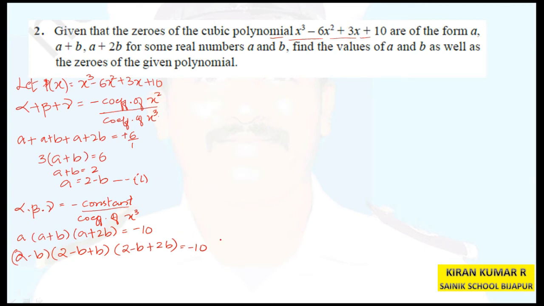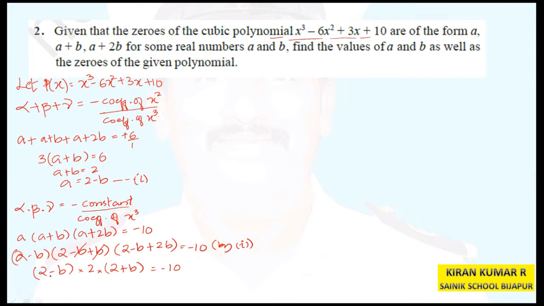We get 2 minus b multiplied by 2 multiplied by 2 plus b equal to minus 10.